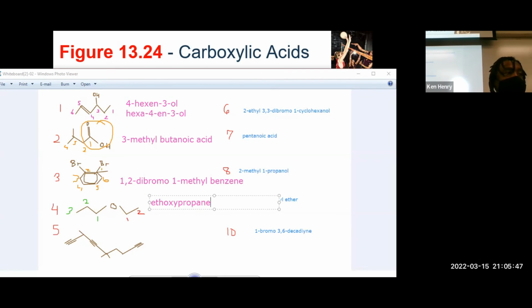That's one way of naming it. The other way is ethyl propyl ether. And the other way would be ethyloxypropane. It's a tricky one.